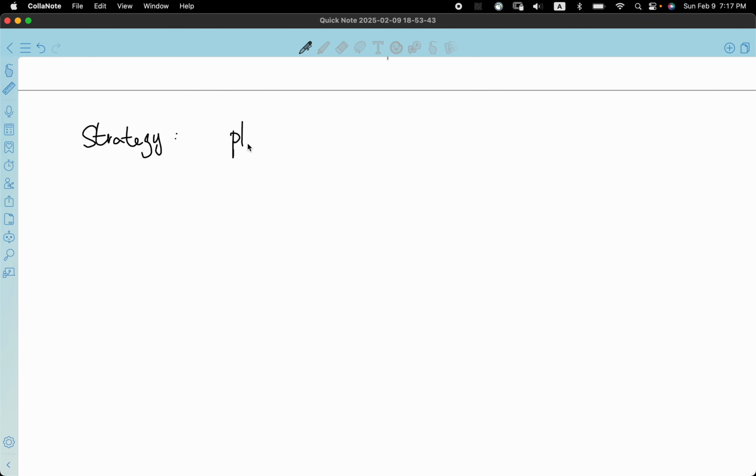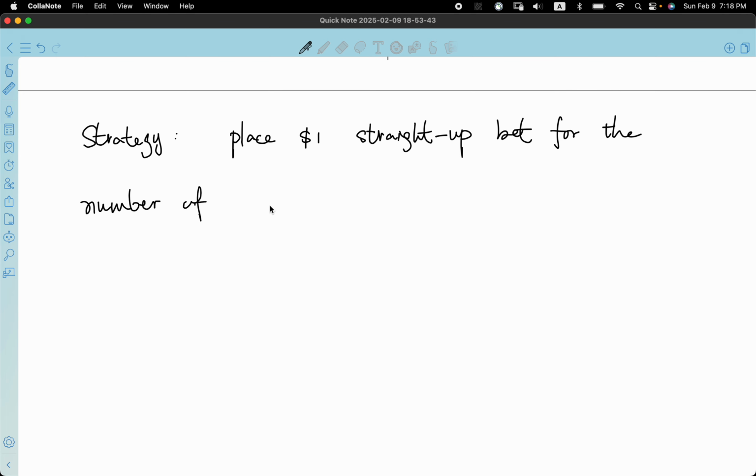We are going to place a $1 straight up bet on the numbers 2, 4, and 21, which we already know have a higher probability.